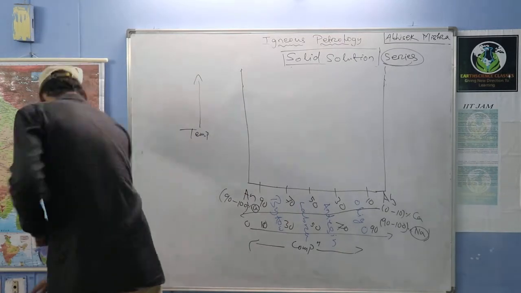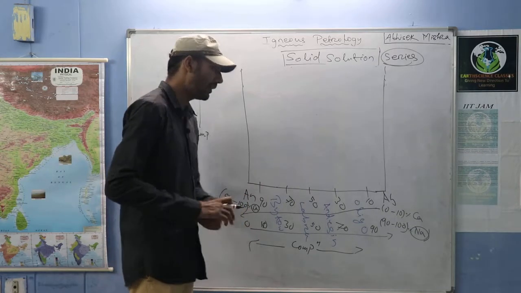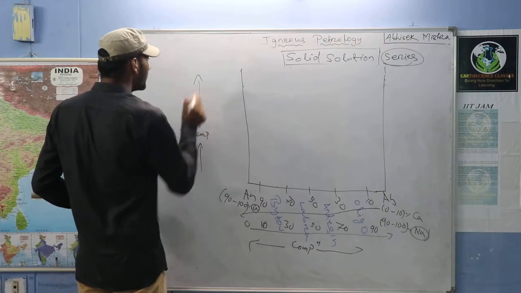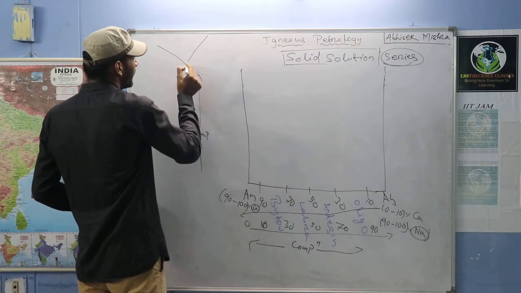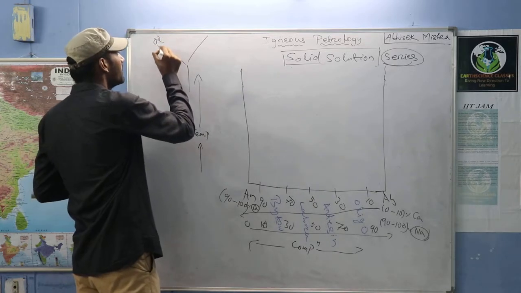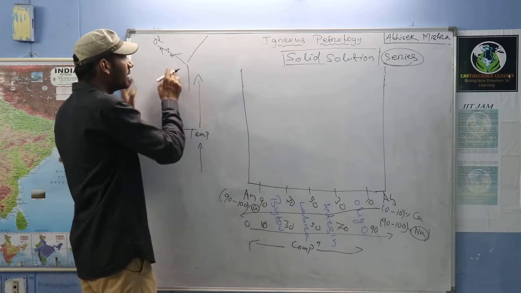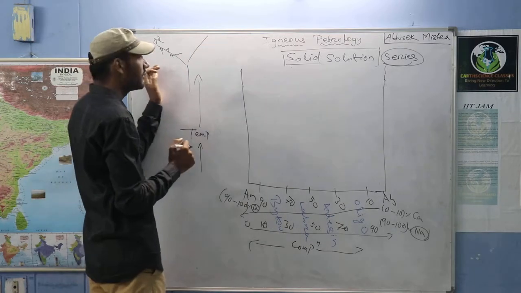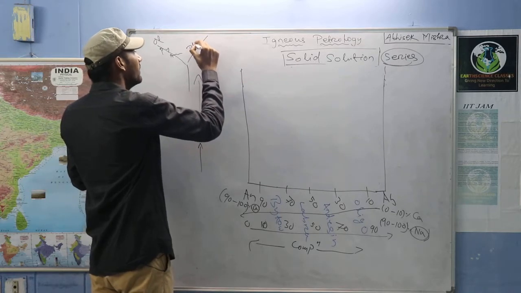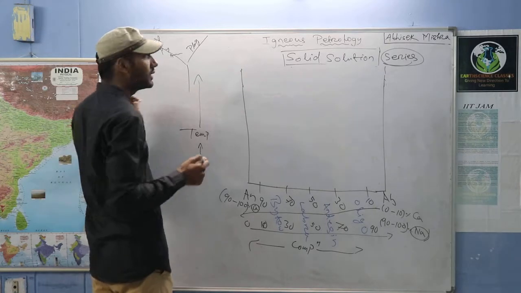so now, in Bowen's reaction series, the plagioclase series is represented. Bowen's reaction series is like that. Here we are starting with olivine, pyroxene, amphibole, etc. This is the discontinuous series, and this is the continuous series. Here we are taking plagioclase. So which mineral is represented at higher temperature?